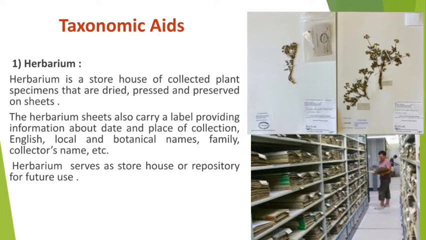Some plants that are not found in Assam are found in UP, some are found in Kerala, which are not found in Delhi. Likewise, in India itself, we may learn about different plants and animals through herbarium.